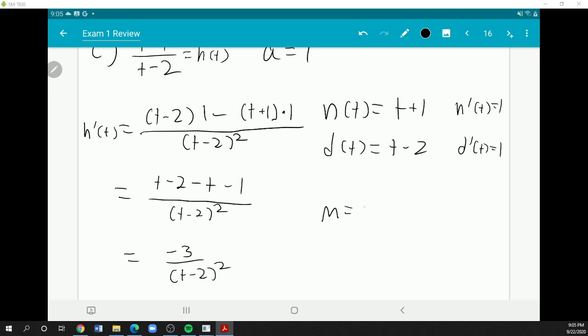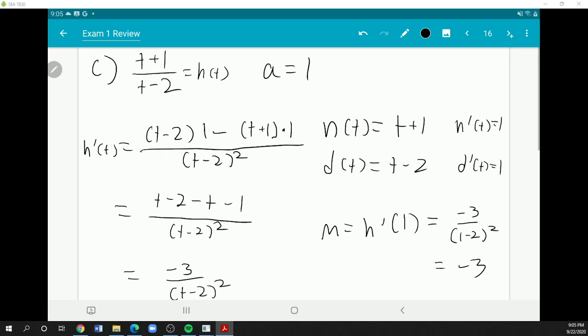So m equals h prime of 1 equals minus 3 over 1 minus 2 squared, which equals minus 3. Also, h of 1 is 2 over minus 1, which equals minus 2, so my point is (1, -2).